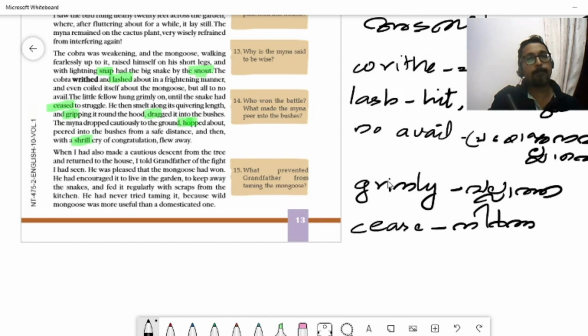What did the cobra do? When the mongoose attacked, the mongoose caught it by its nose.